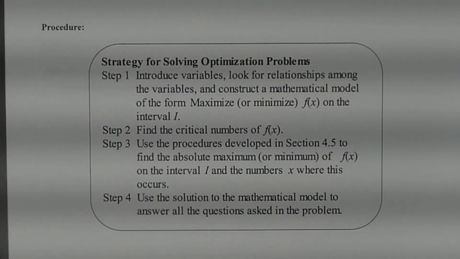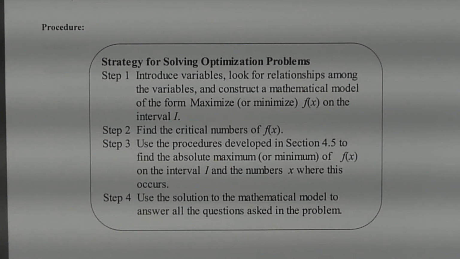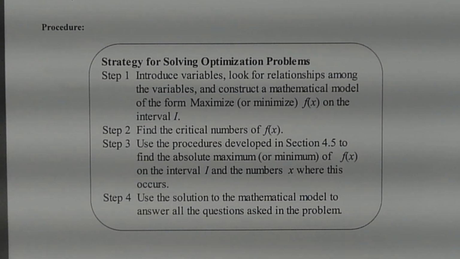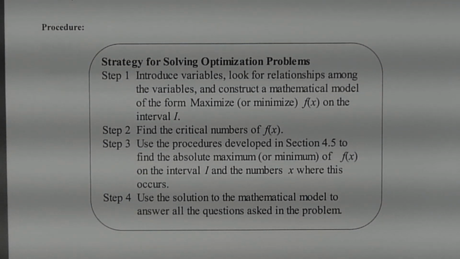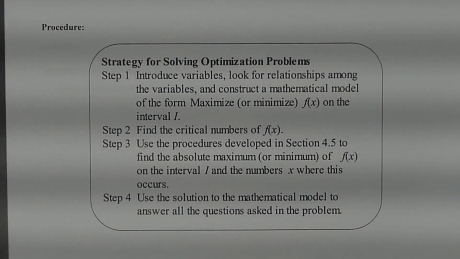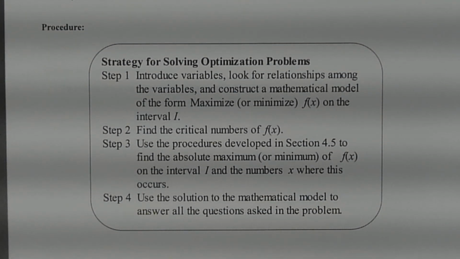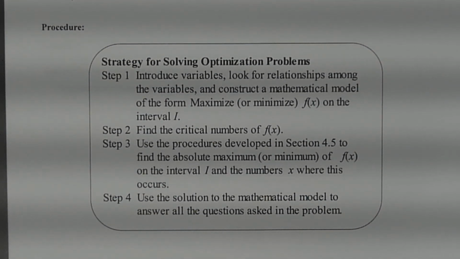You're going to look for relationships among the variables and construct a mathematical model of the form maximize or minimize f of x on the interval I. Then the second step would be to find your critical numbers of the function f of x. That means you'll have to find the first derivative, set that first derivative equal to 0, and then find out what your critical numbers are by solving for x.